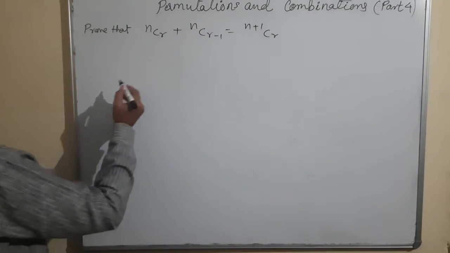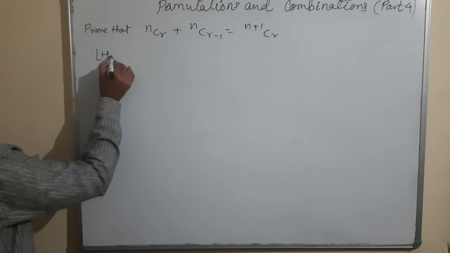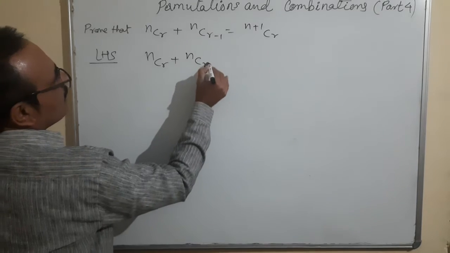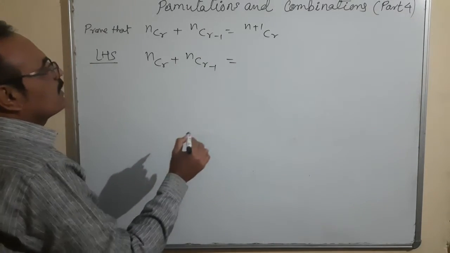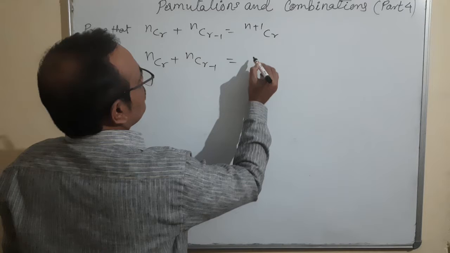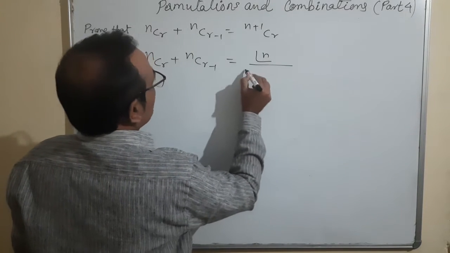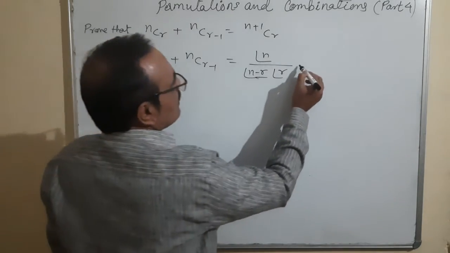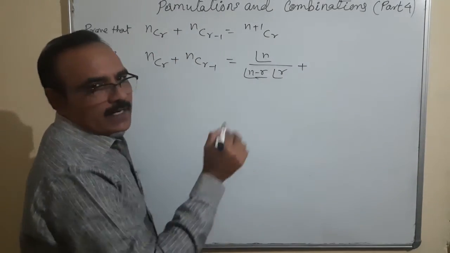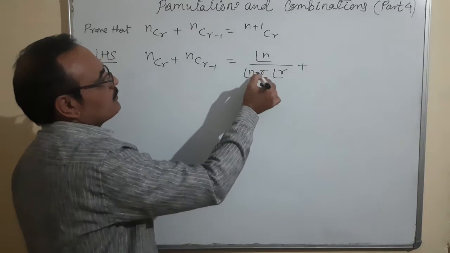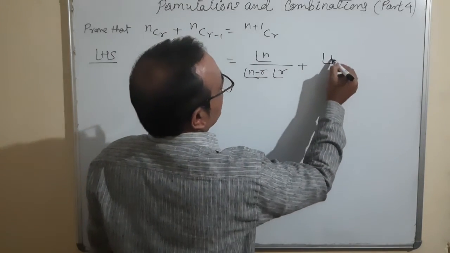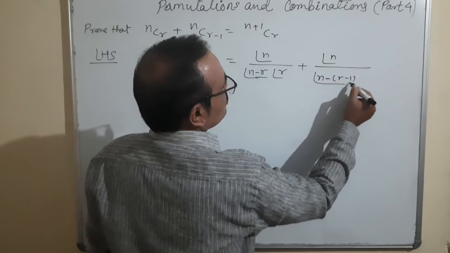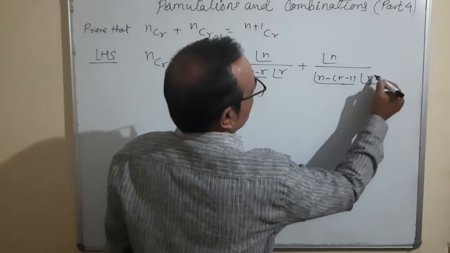Let us see. Starting from LHS, nCr plus nCr minus 1. We'll use the formula. nCr is factorial n upon factorial n minus r and factorial r. Plus nCr minus 1, factorial n upon factorial n minus r plus 1 and factorial r minus 1.